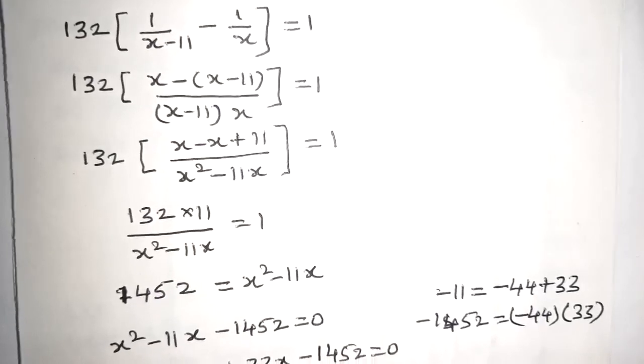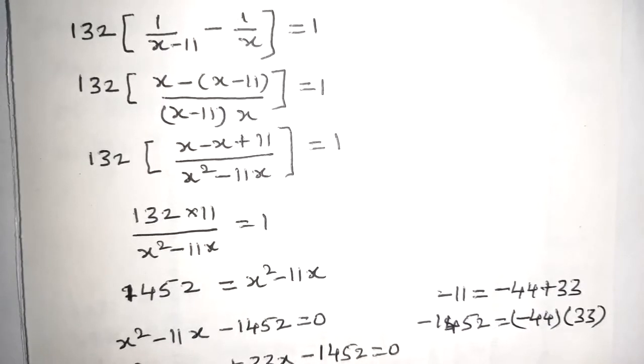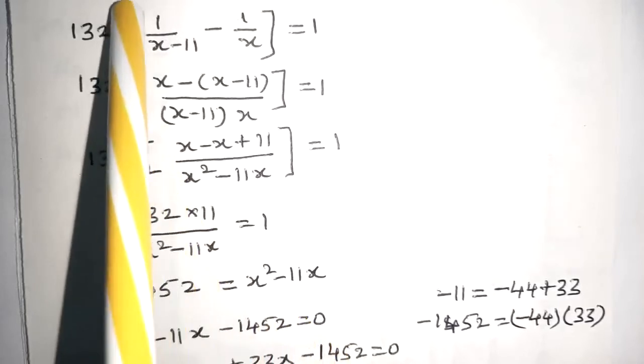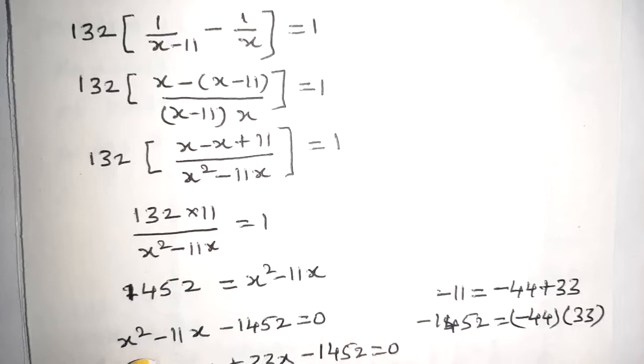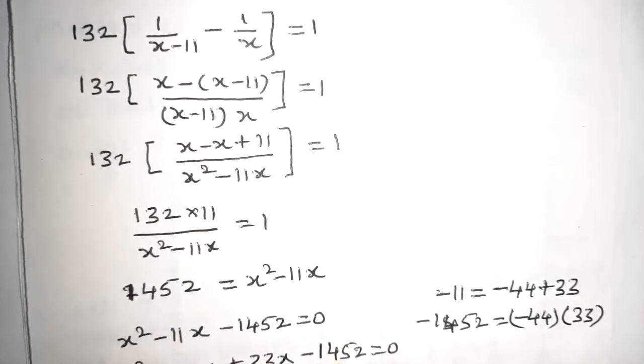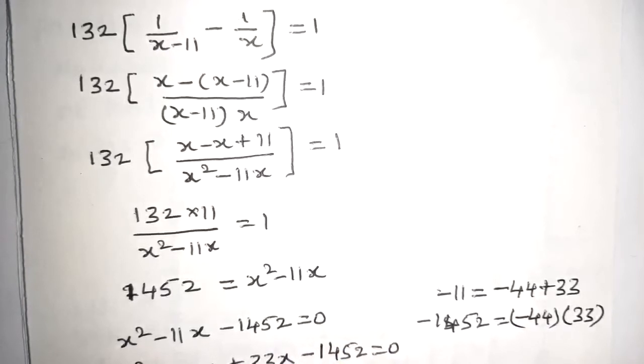X square minus 11x minus 1452 equal to 0. So this is simplified and we get a quadratic equation, x square minus 11x minus 1452 equal to 0.